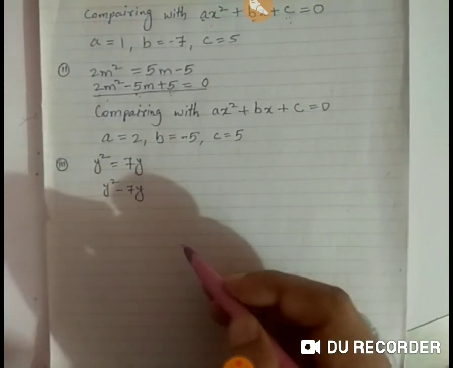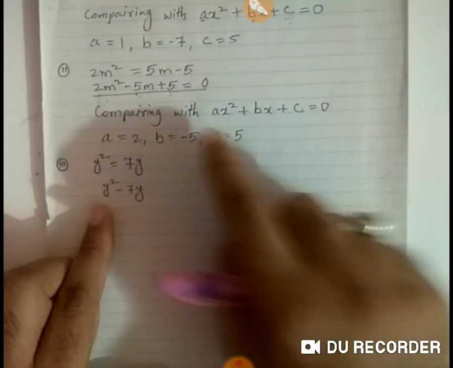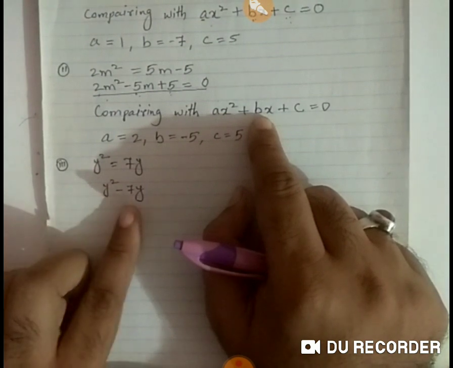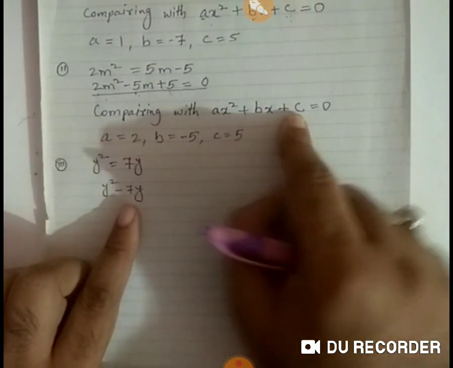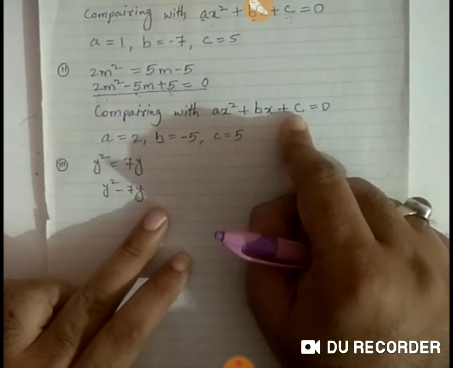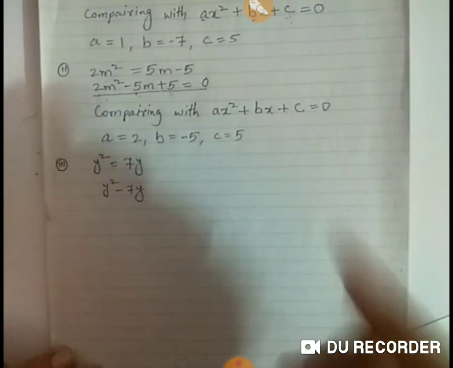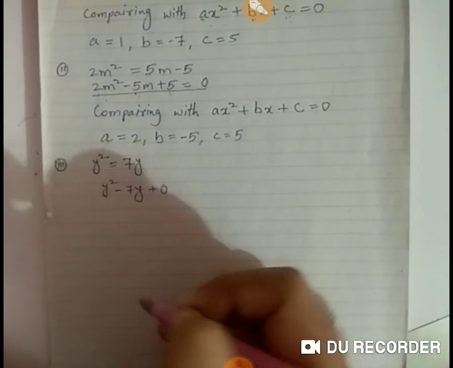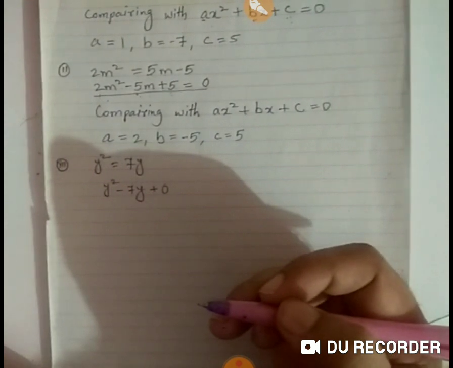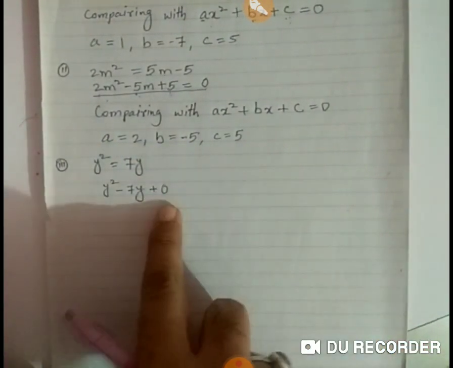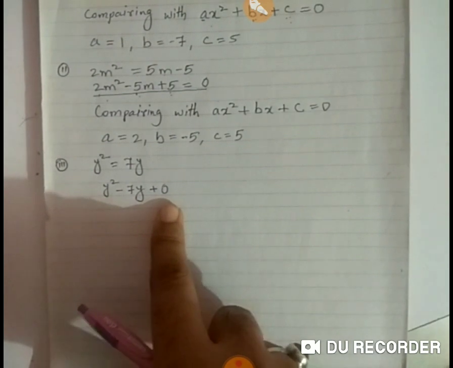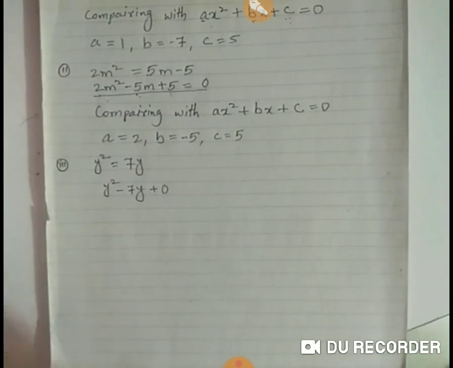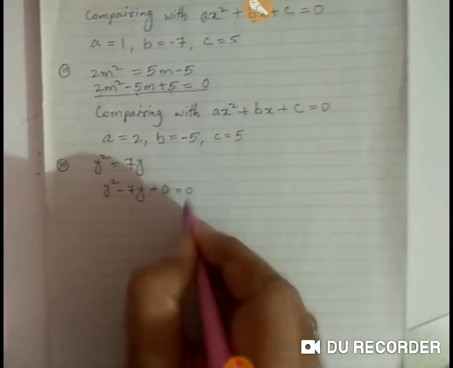So as per the standard form, in place of ax square we have y square. In place of bx, we have minus 7y. What about c? c is not given in our equation. So I'll consider plus 0 as c, because there is no term in the place of c, or there is no third term. So I can say the third term is 0, equals to 0.